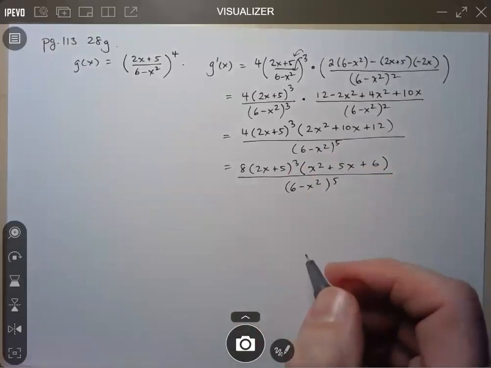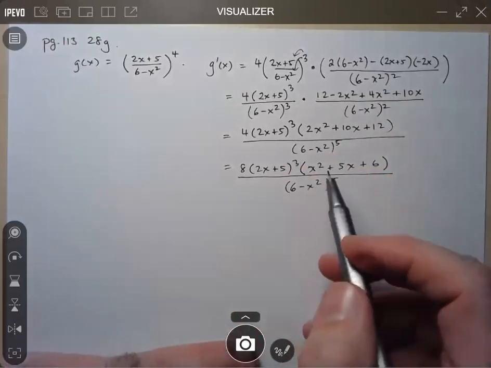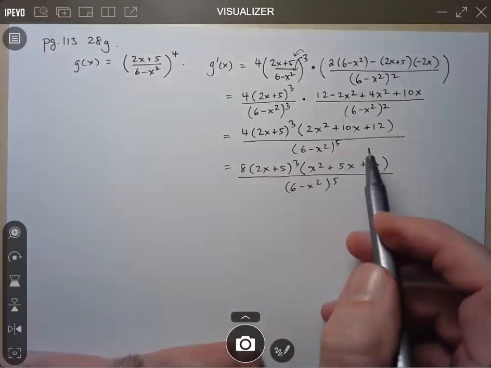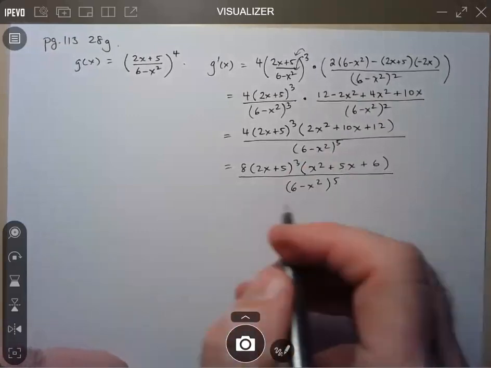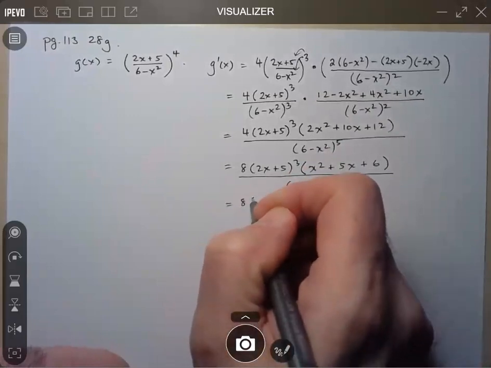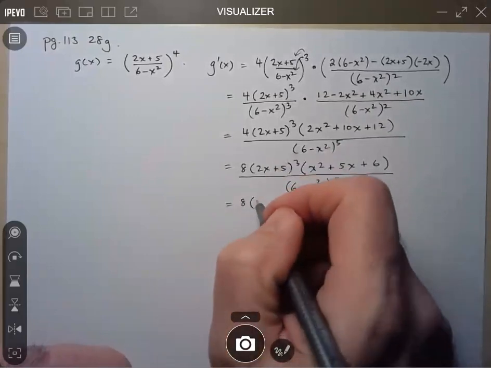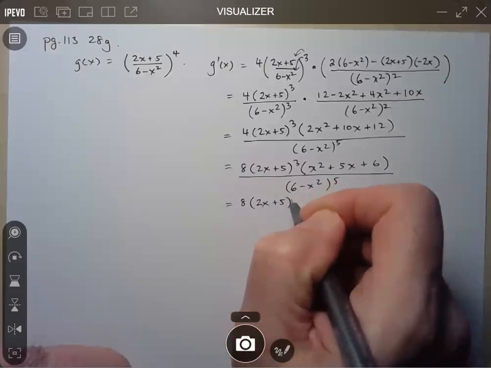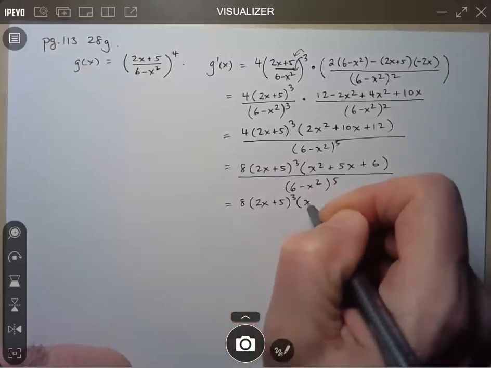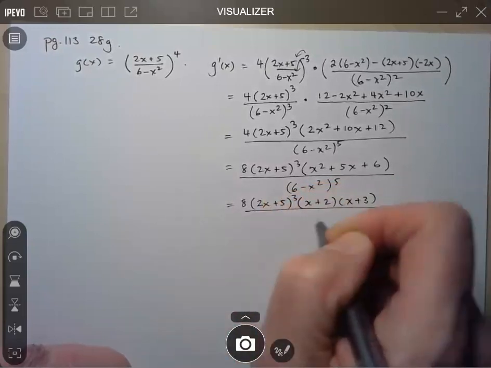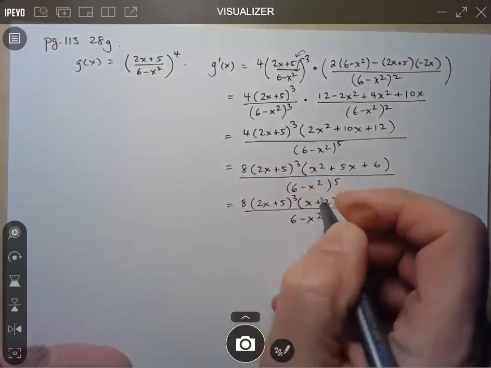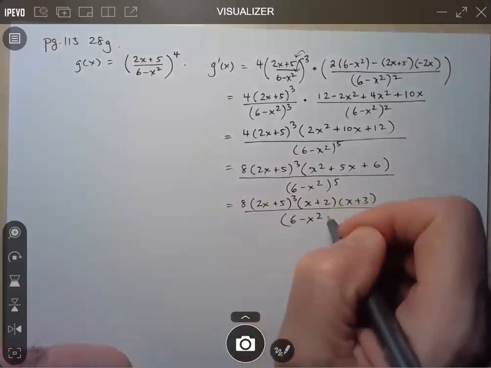Okay, and here, hey, look at that. We can go even further because, of course, 2 and 3 add up to 5 and multiply to 6. So this one, we can really go pretty far in terms of the simplification. Okay, (x plus 2)(x plus 3), all over (6 minus x squared), all to the 5.